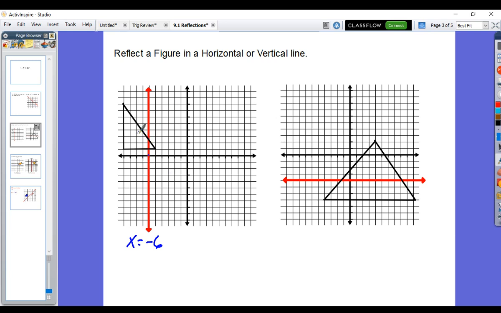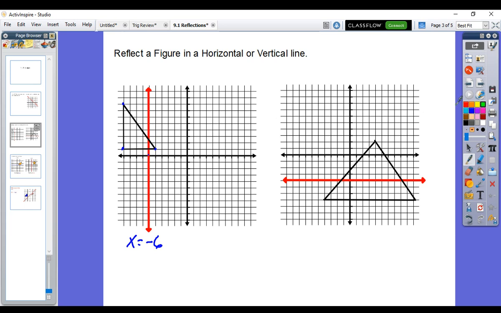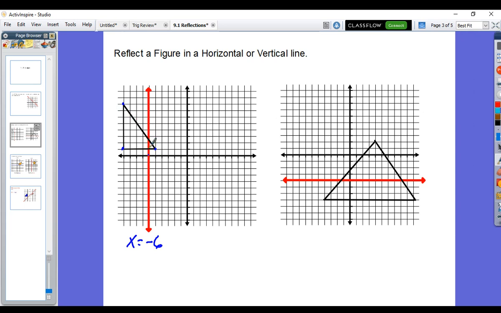Well, we're going to do that. That means every single point, and there's three main points in this triangle, are going to be flipped over this line. So we're going to do it in green. If on this spot it's 1 unit this way, we're going to go 1 unit the other way. This point right here is 1, 2, 3, 4 units to the left, so we're going to go 4 units to the right on that same horizontal part.